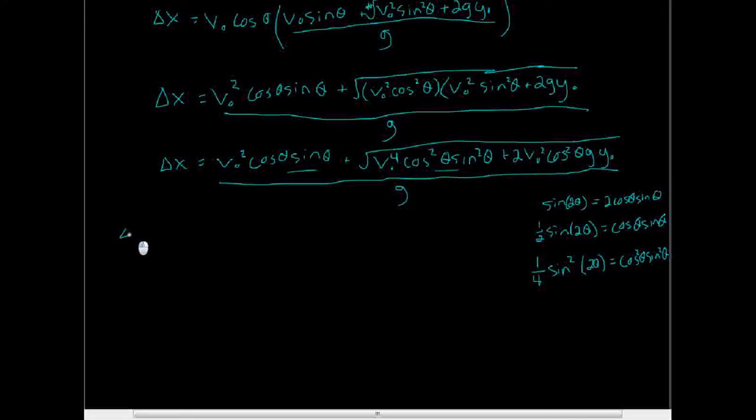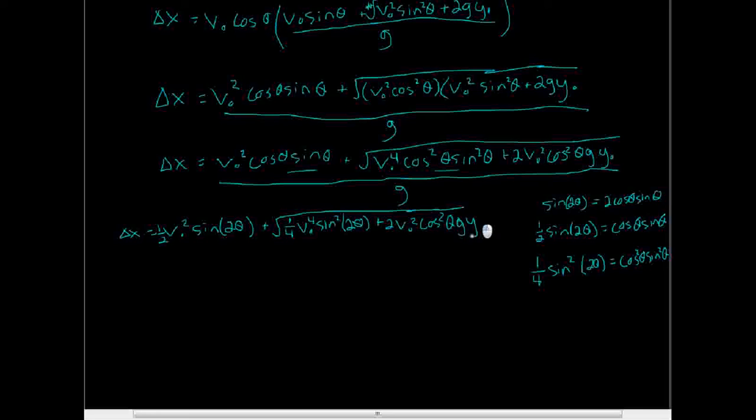And so we can see that now. Delta x equals 1/2 v naught squared sine of 2 theta plus square root of 1/4 times v naught to the 4th sine squared of 2 theta, and this I'm just going to leave as is, plus 2 v naught squared cosine squared theta times g times y naught.